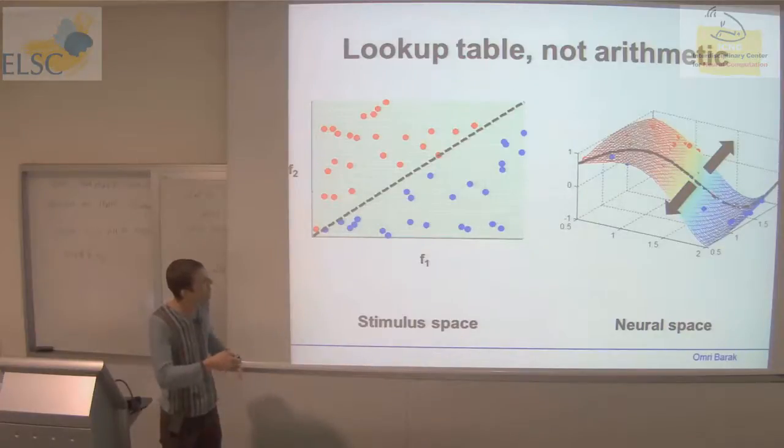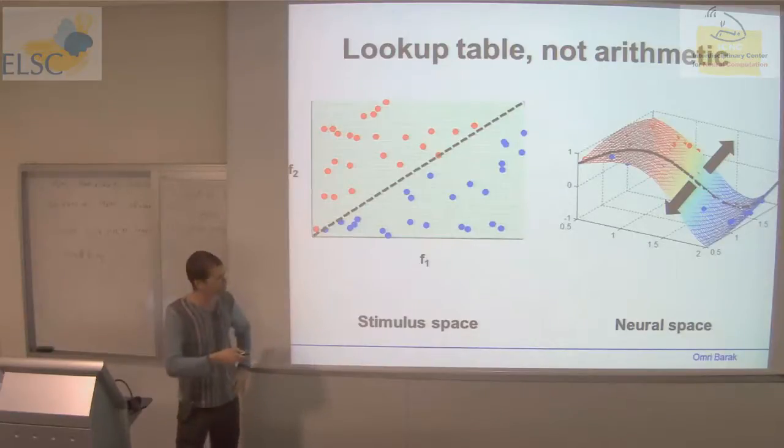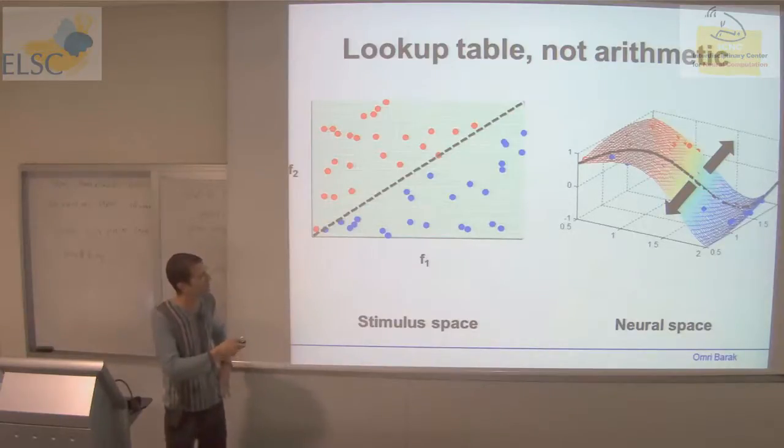And then it means that dynamically the network has to push the points away from this line in neural space. And the way it does it, again in this specific example, is through a separatrix and a saddle point.